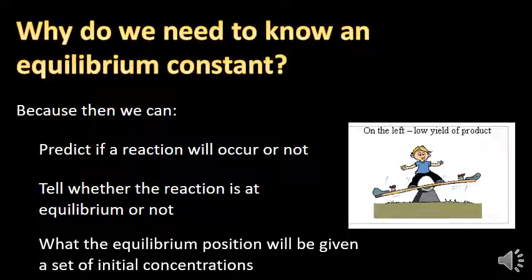And as a chemical engineer, that's a huge thing to know, where your equilibrium position lies. Because if you end up with a low yield of product, your boss is not going to be very happy with you. Yeah, everything looks great on paper, great thermodynamics, but your yield of product is 2%.